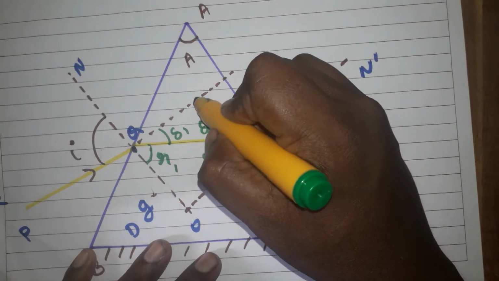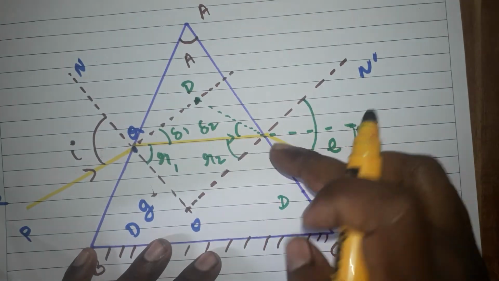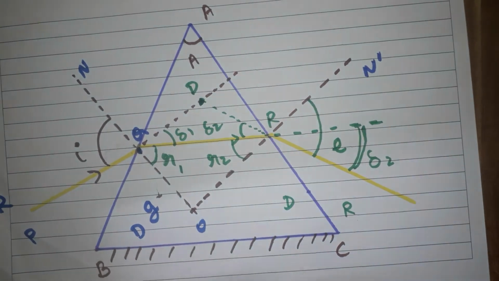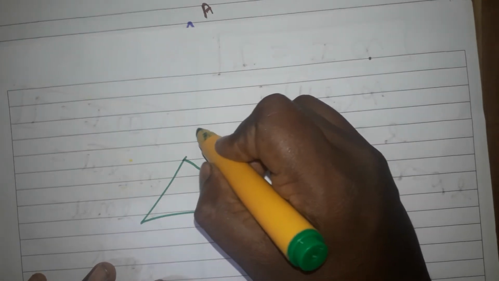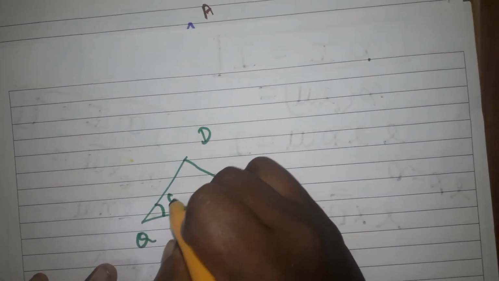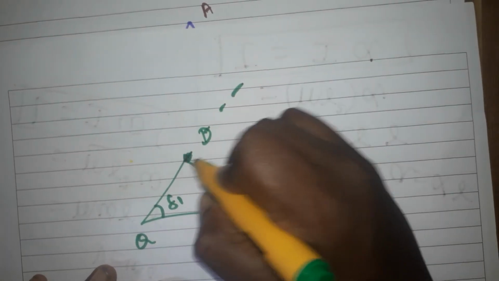Now note these points D, Q, and R. Together they form one triangle. The addition of the 2 interior angles gives the exterior angle. That is why I took these points: here will be D, here Q, here R. This is deviation 1, this is deviation 2, and this is the total deviation.